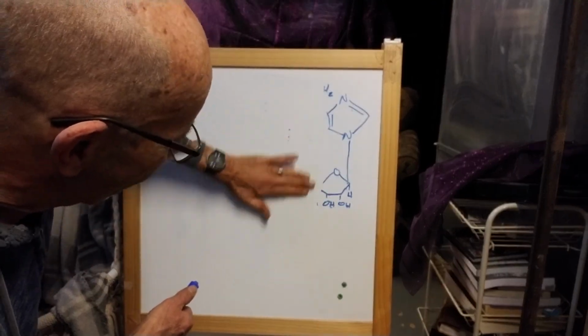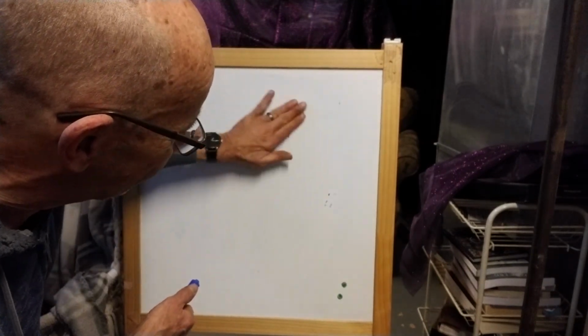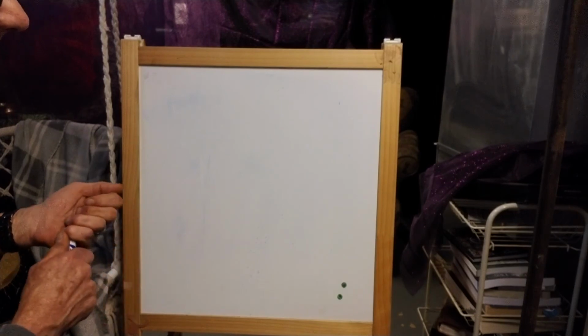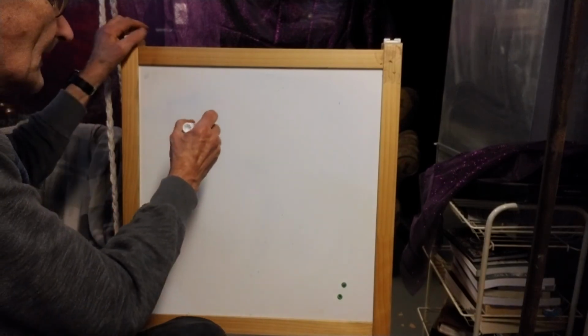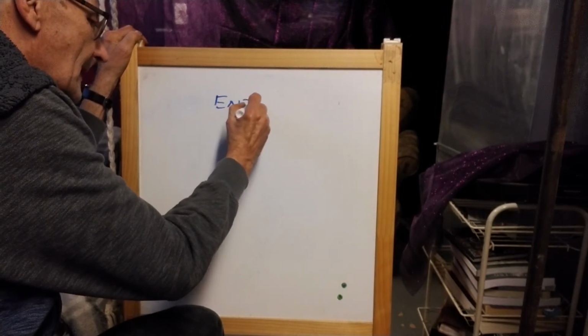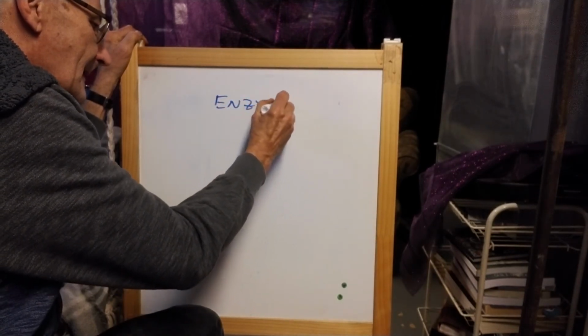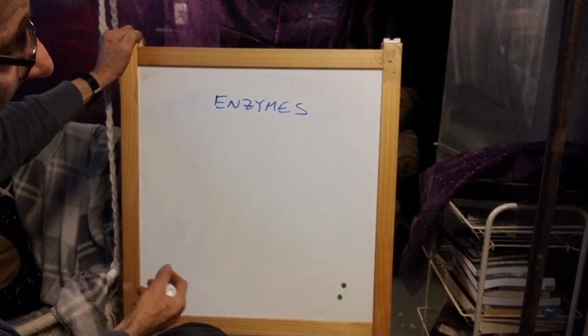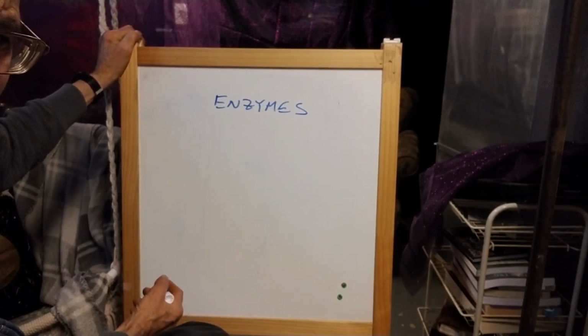I think the next video we're going to talk about some of the stuff in the body that you've all heard of, I think, but we'll go into much more detail. Enzymes, exactly what they are. Everyone has heard the term, but what do they really do?